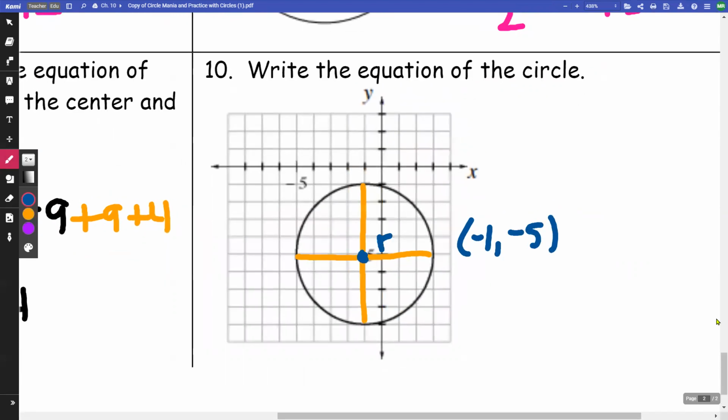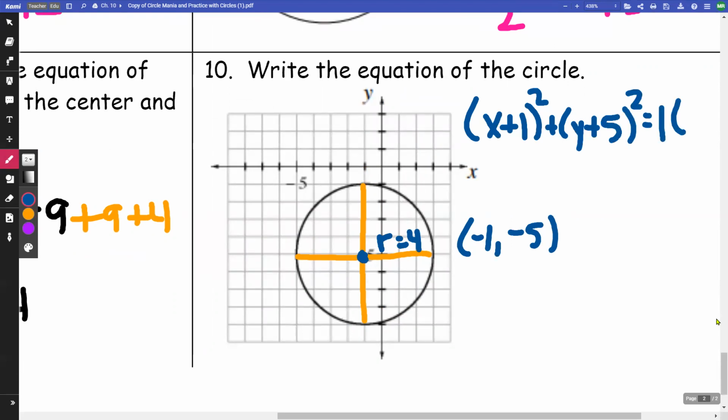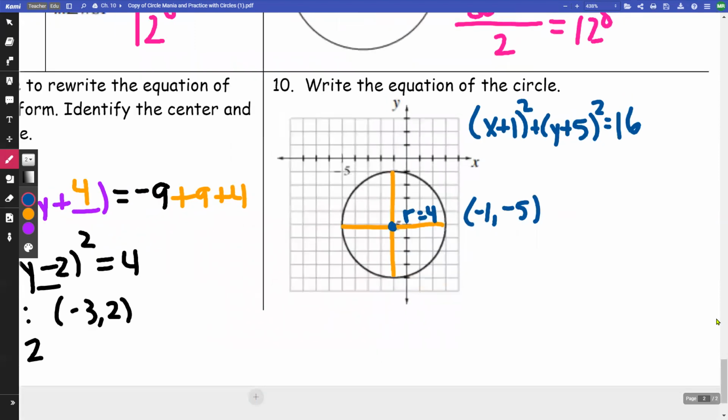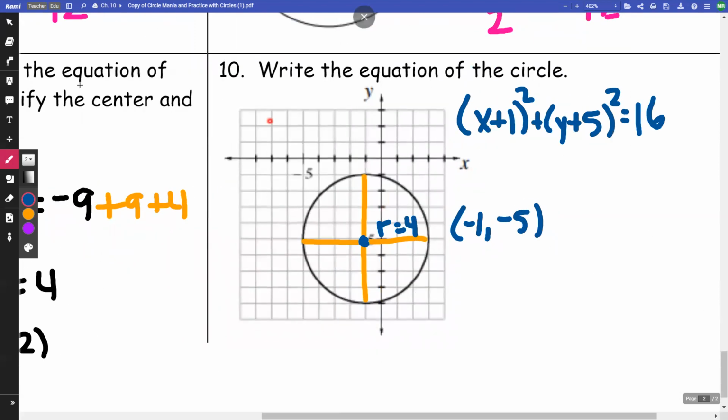And my radius is 4. So this is going to be x plus 1 squared plus y plus 5 squared equals 4 squared, which is 16. And that's the end of this video.